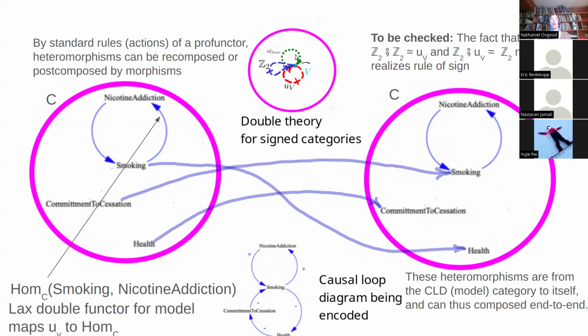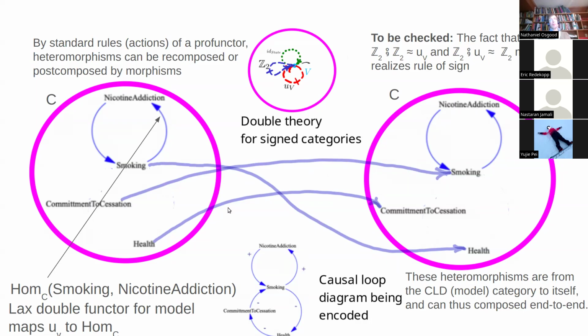And the rules for composition of profunctors, which are specified in the theory, the fact that Z sub 2 composed with itself gives this profunctor U sub V, the identity profunctor, together with the fact that if you hit Z sub 2 and then you go with the identity profunctor, you get Z sub 2 back, means that you get the rule of signs in composition.